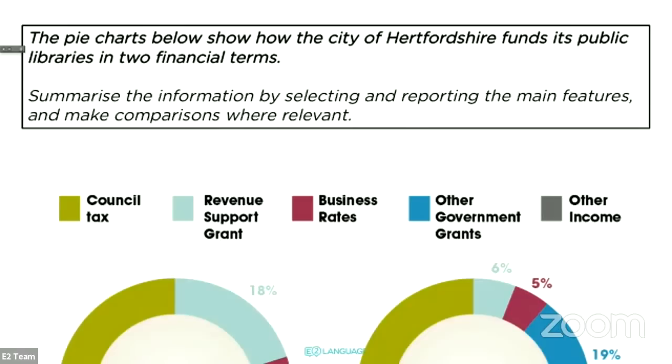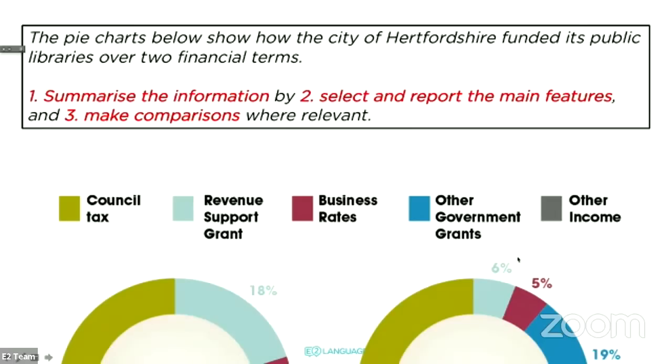In other words, let's read it again. The pie charts below show how the city of Hertfordshire funds its public libraries in two financial terms. So one of the pie charts will be one financial term and the other will be the other financial term.